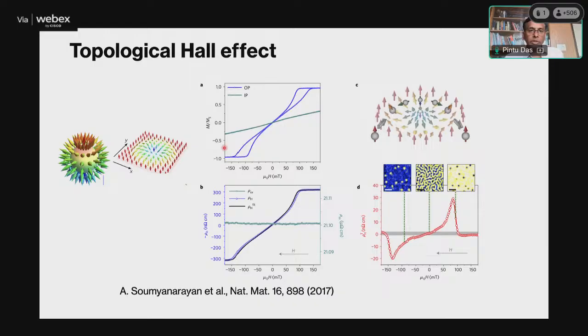This is not the same sample, but the same group, with different samples and different measurements. They show again the topological Hall effect in a skyrmionic system. At at least 3 different field values they have shown this: at 0 field, no skyrmions, these are elongated textures. At positive field, there is a peak here and a certain number of skyrmions. At negative field, there is a certain number of skyrmions in this case.